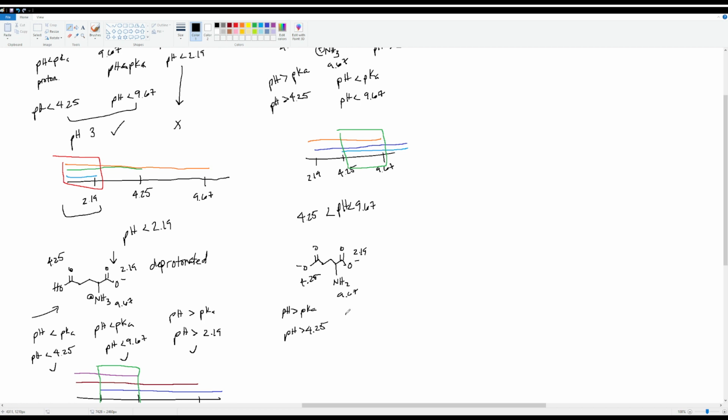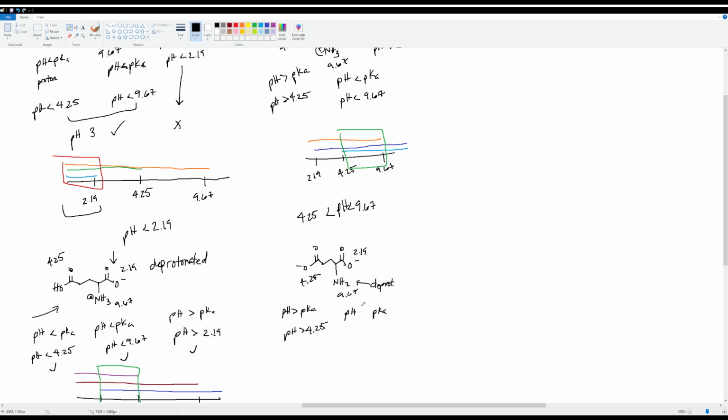For my amine, is my amine protonated or deprotonated? It is in fact deprotonated.